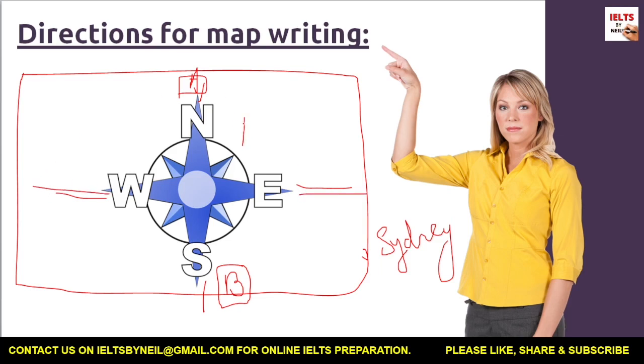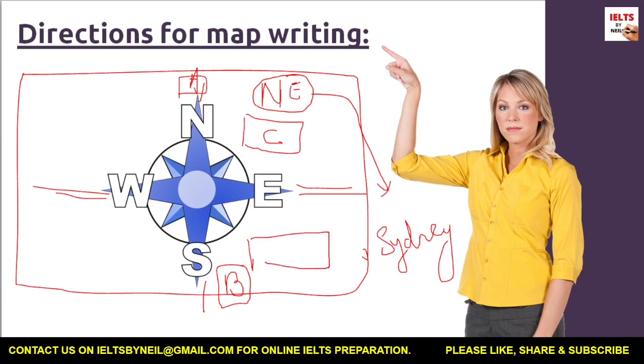Now something located here, let's say it's C. For this one, we have to say C is located in the northeast of Sydney. Similarly, if something is located here, this will be southeast. This will be southwest, and this will be northwest. So be very careful about these directions also. You should be aware of these directions because a map is mostly about the directions.